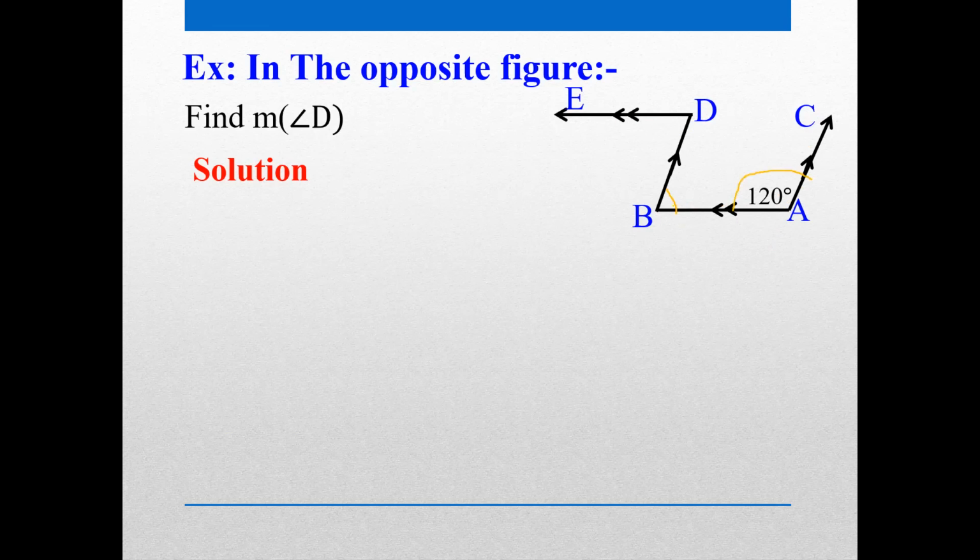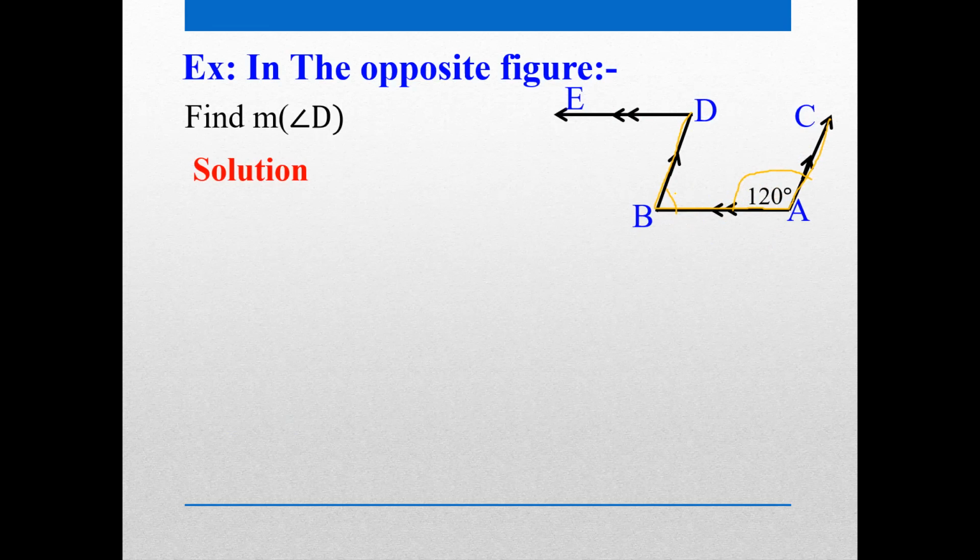So angle B and angle A are interior angles, forming the letter U. The two angles are interior angles, so angle A plus angle B is 180 degrees.